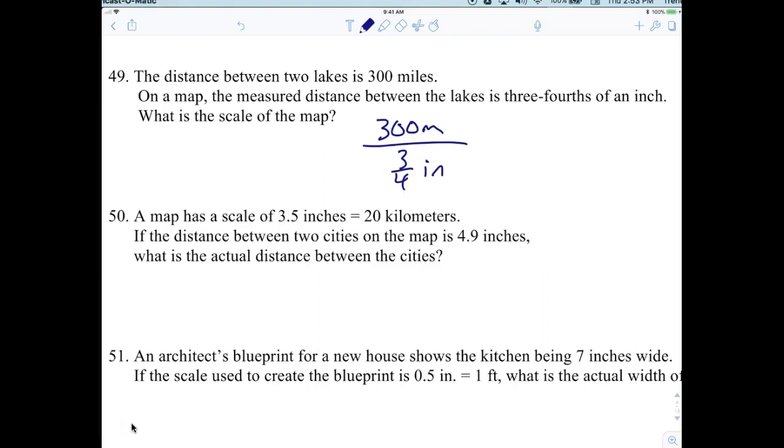So we would say 400 miles is to what? 1 inch. Now, Miss Pliego's class, are you guys familiar with that? I did the top number divided by the bottom number. And that gave me miles per what? Inch. So for every inch, you're going to move what? 400 miles. Is everybody okay with that?